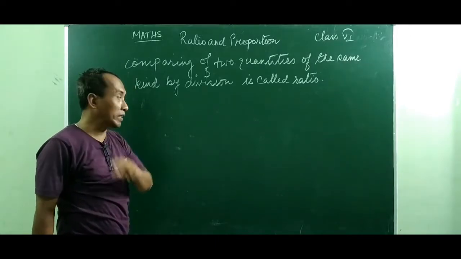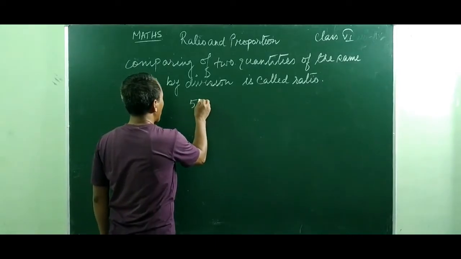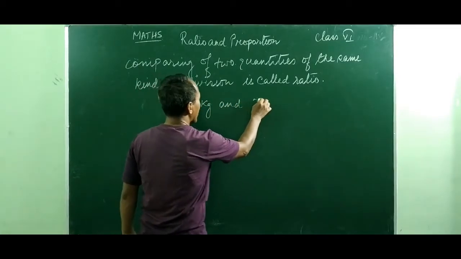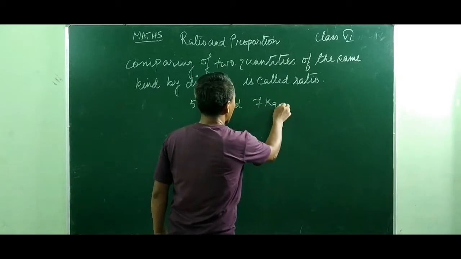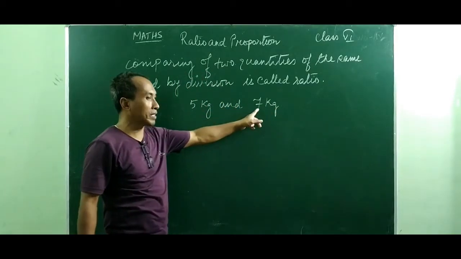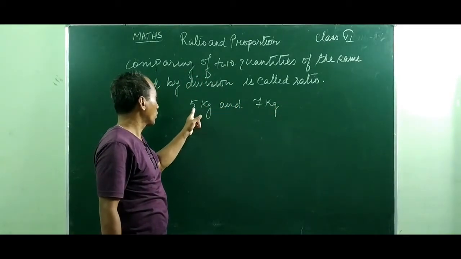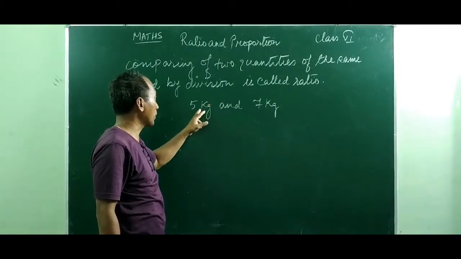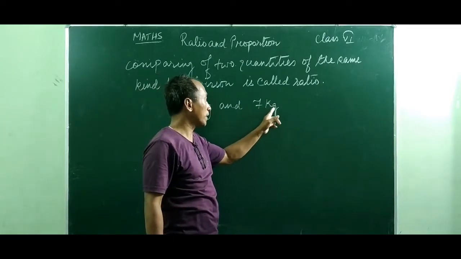I'll give you two quantities here, 5 kg and another one 7 kg. These two quantities are of the same kind because one is 5 kg. Numericals may not be same, but the units are same. Another is 7 kg.